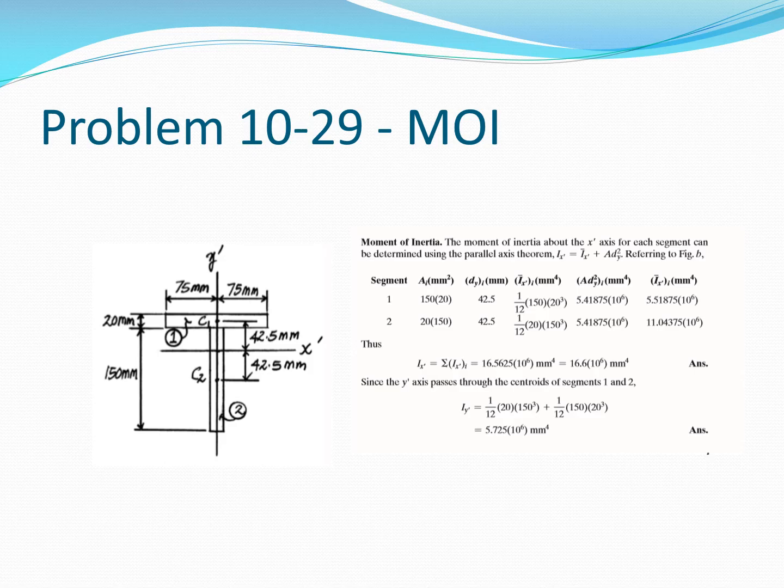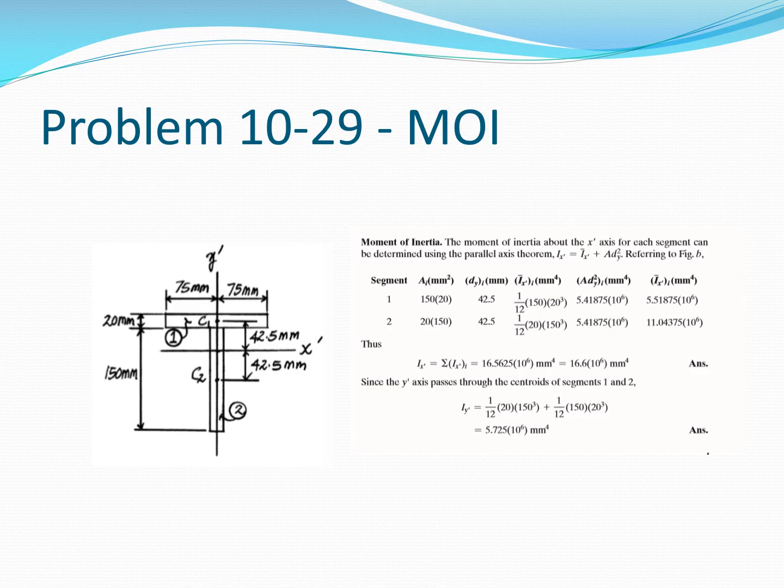The Ix piece, the next column over, is the one I just mentioned. Right from the back of your textbook, if you find a rectangular area, you'll see that Ix equals 1/12 base times height cubed. You need to make sure that you have the bases and the heights cubed separately. They flip-flop. For the one on top, you've got 150 for the base and 20 for the height.